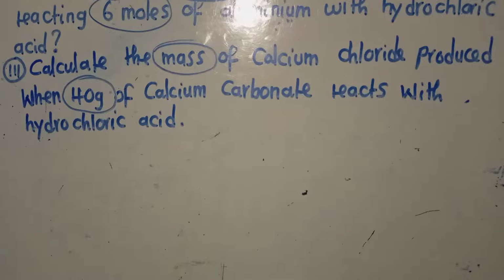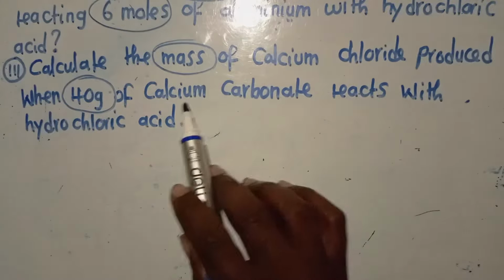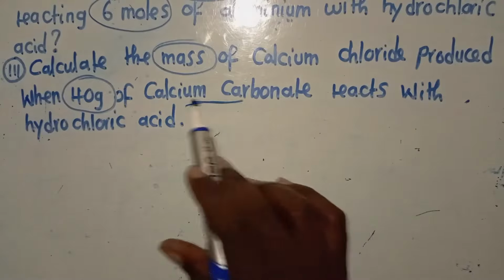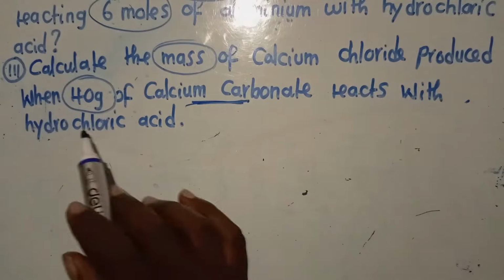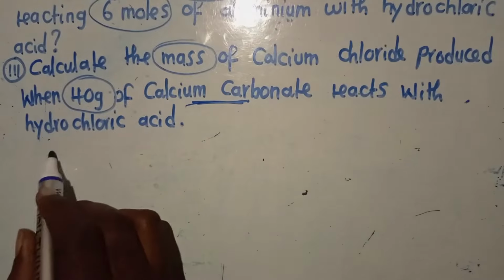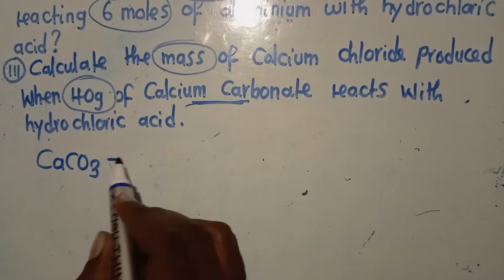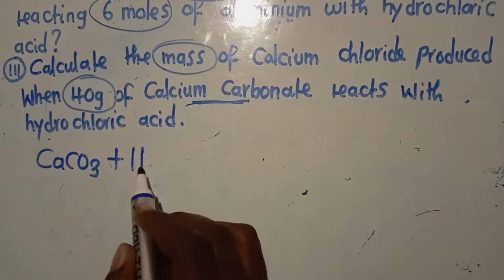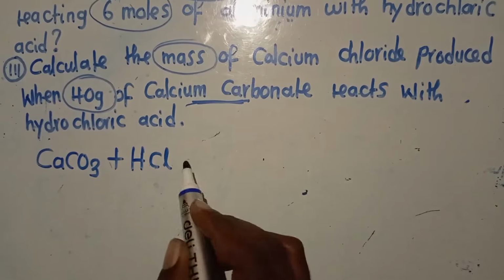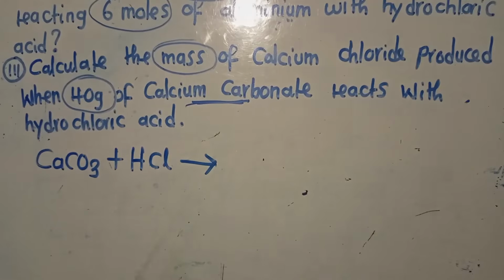What I'm told here is that I want to find this when calcium carbonate reacts with hydrochloric acid. Calcium carbonate is like this. It is reacting with what? Hydrochloric acid. What is being produced this side?